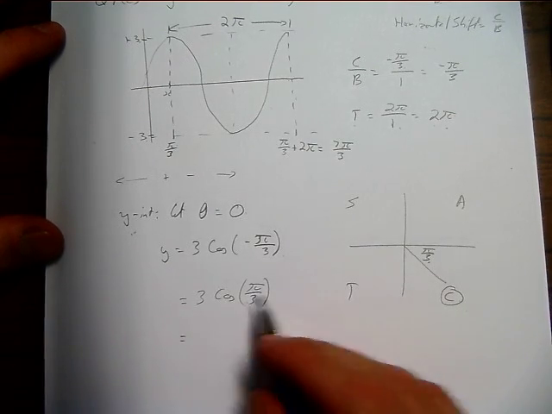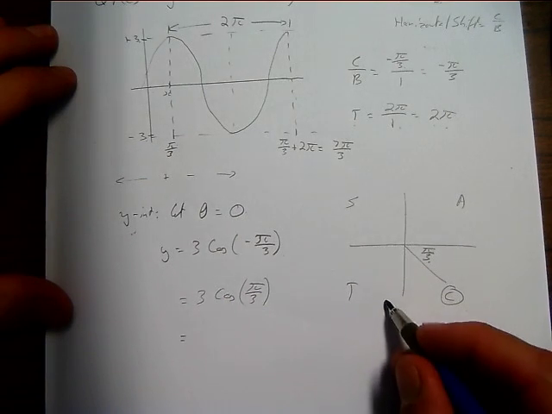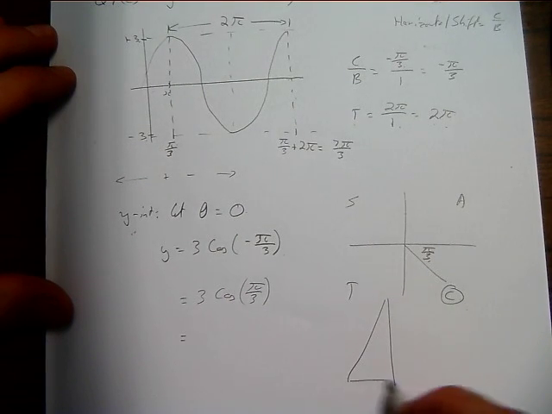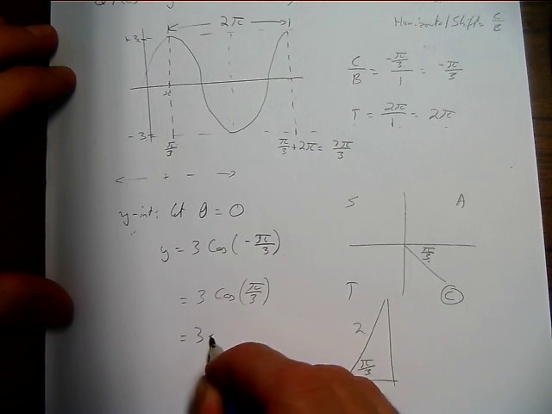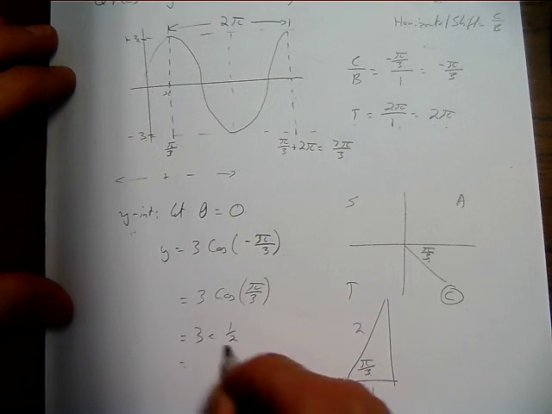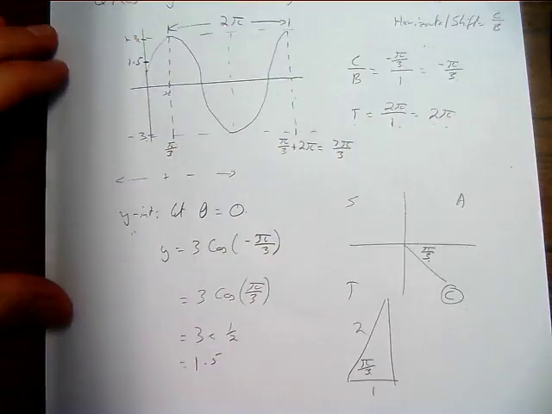So cos of pi on 3, what do I need to calculate that? Special triangle. And the cos is 1 on 2. So 3 by 1 on 2, which is 1.5. So that point there is 1.5.